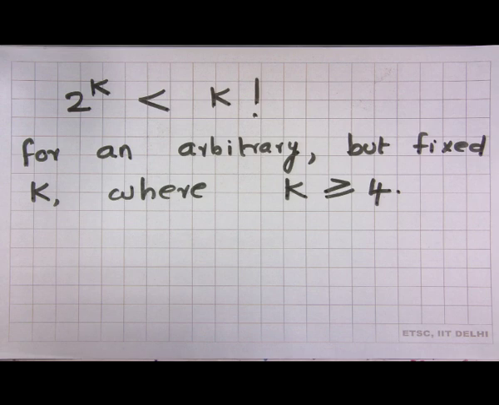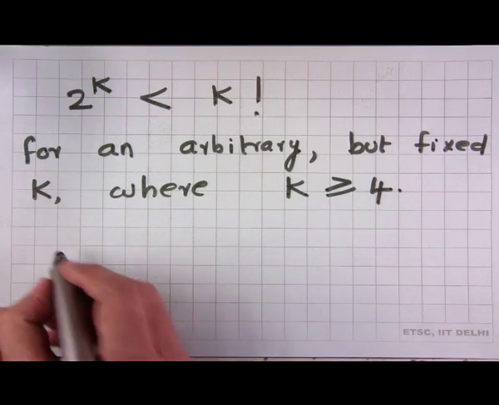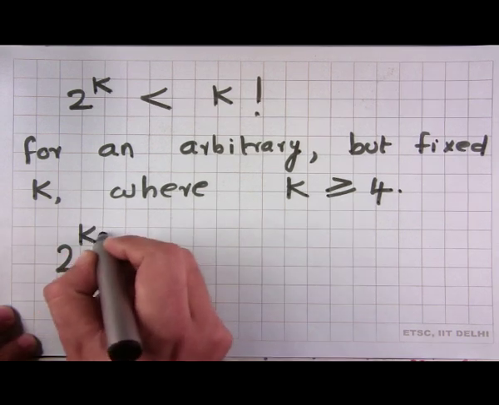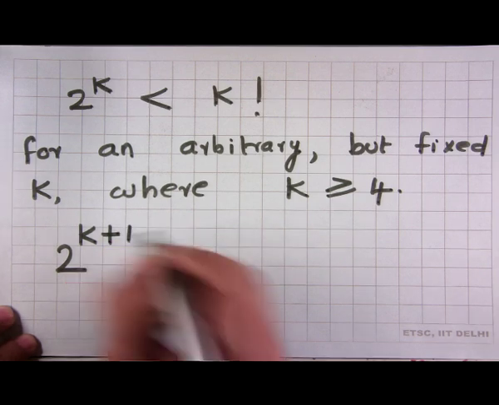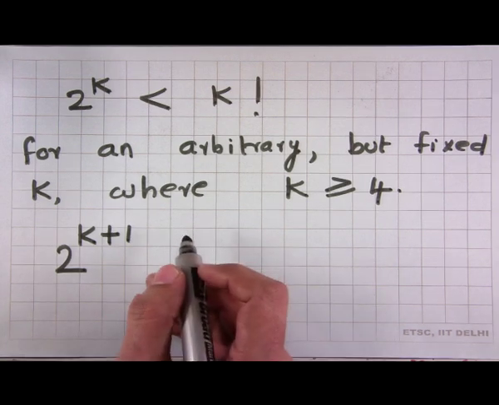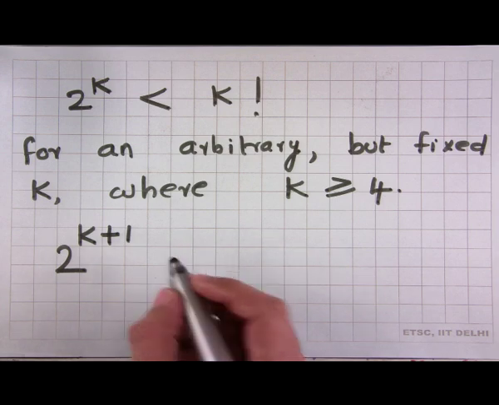This is the induction hypothesis we have. Having this, let us try to achieve our goal, namely to prove that 2 power k plus 1 is less than k plus 1 factorial.